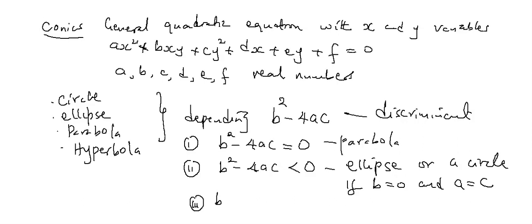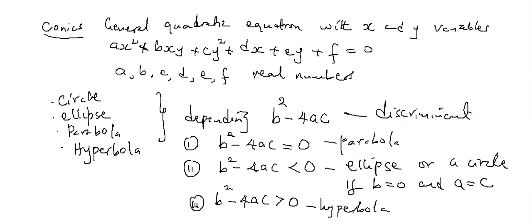If the discriminant b squared minus 4ac is greater than 0, the graph is a hyperbola or two intersecting lines. In the scenario where we get two intersecting lines, we call that the degenerate case.